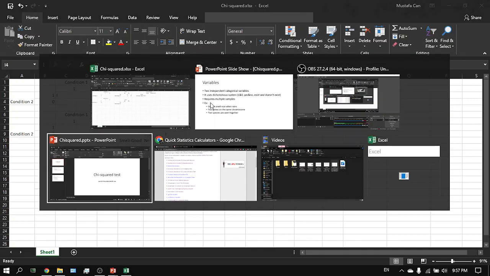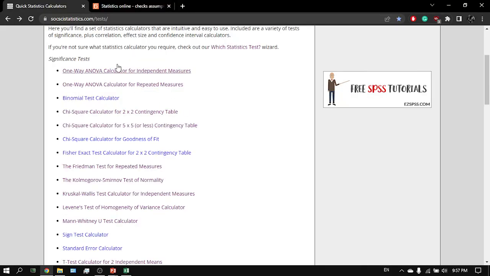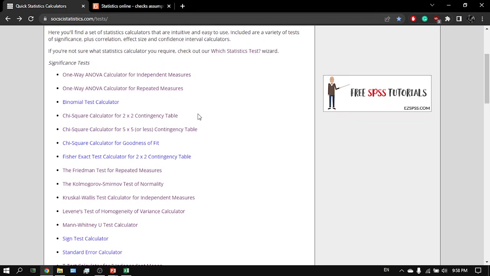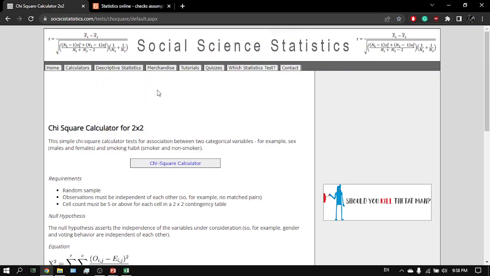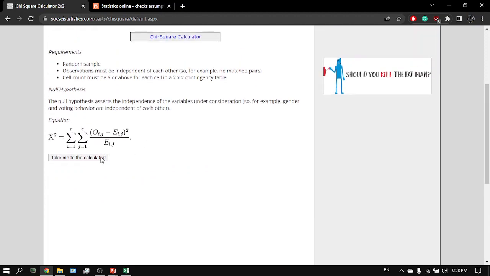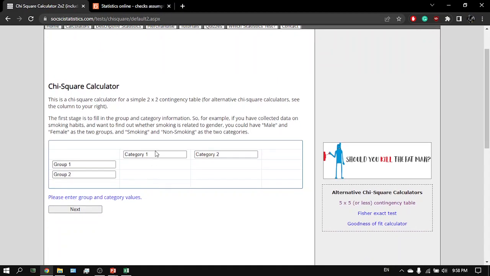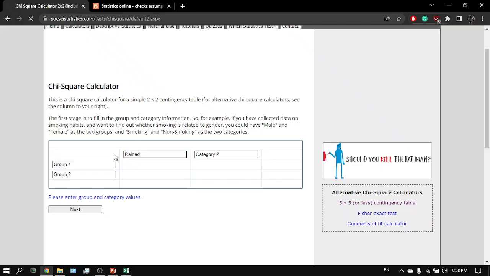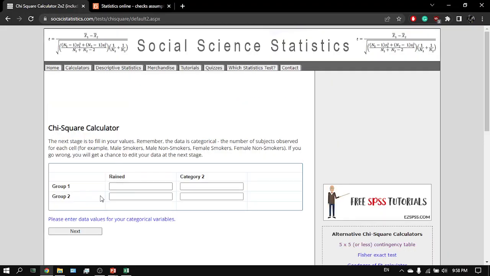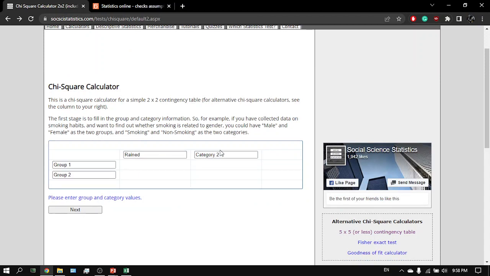This site's link is provided in the description below, so you can click it right there. Let's come to the chi-squared calculator. Since we don't have any assumptions to check, I'm going directly into the calculator itself. Category 1: rained and didn't rain.